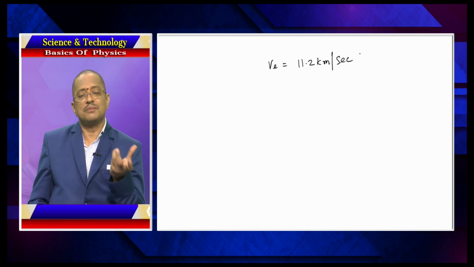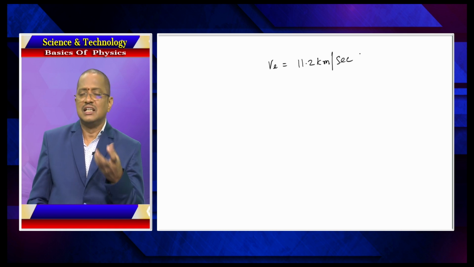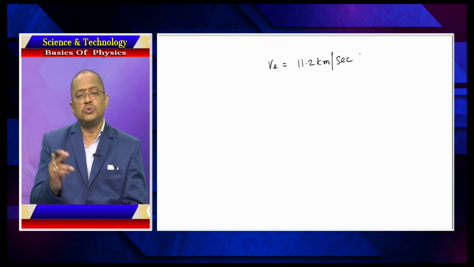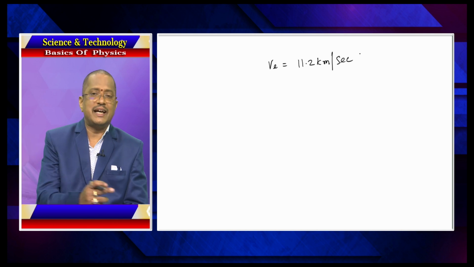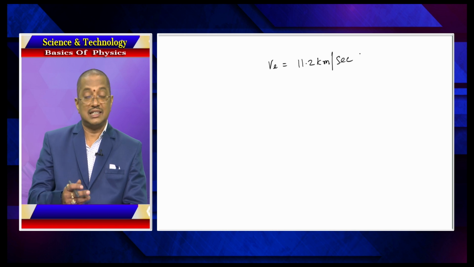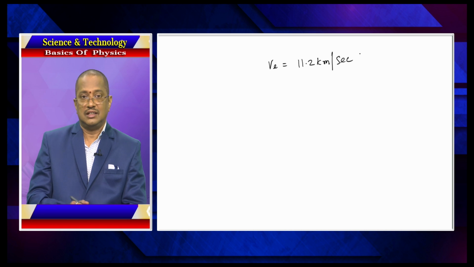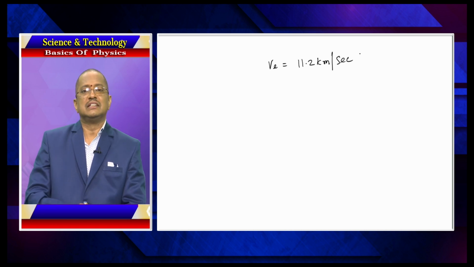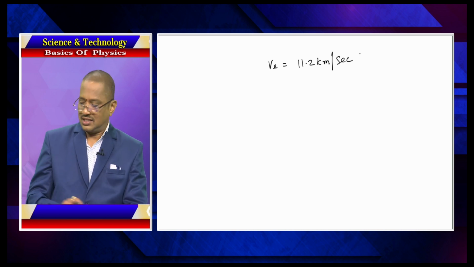Orbital velocity means the velocity required to move in the specified orbit. This is about escaping velocity and orbital velocity. Generally, they will ask about this. As you know, this is the gravitational force and the relation between gravitational force and the universal gravitational constant. Clear? Okay.